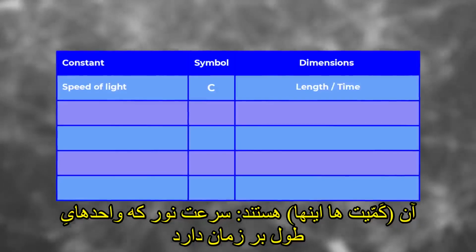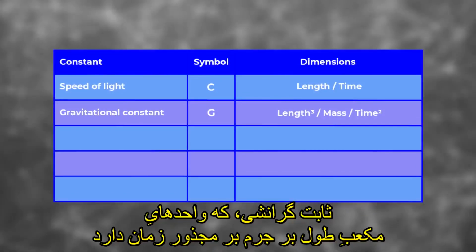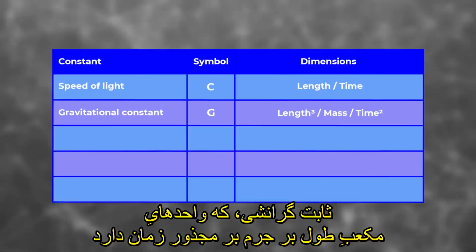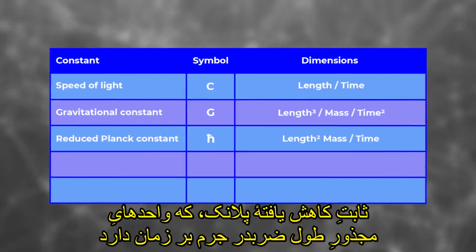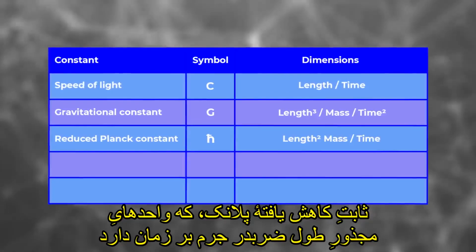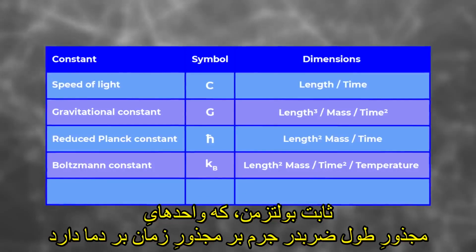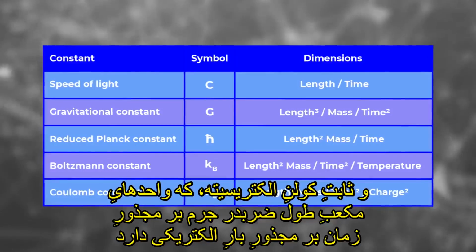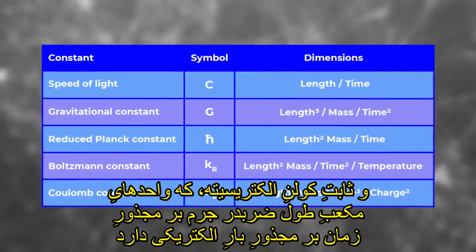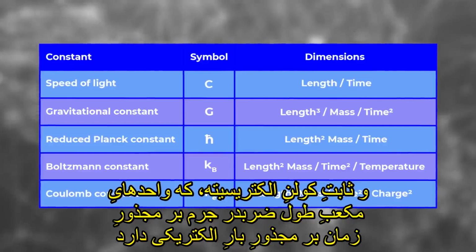They are the speed of light, which has units of length per time, the gravitational constant, which has units of length cubed per mass per time squared, the reduced Planck constant, which has units of length squared times mass per time, the Boltzmann constant, which has units of length squared times mass per time squared per temperature, and the Coulomb constant of electricity, which has units of length cubed times mass per time squared per charge squared.